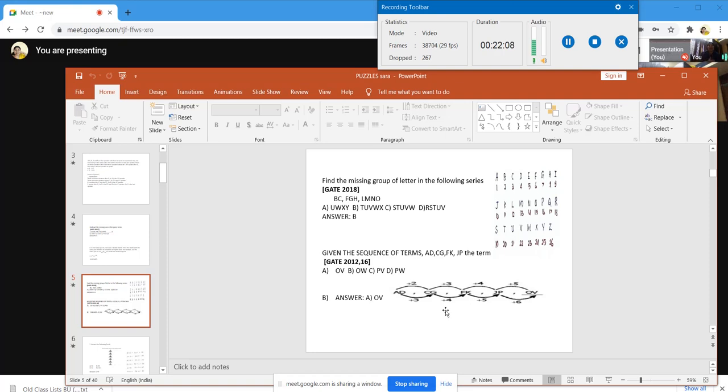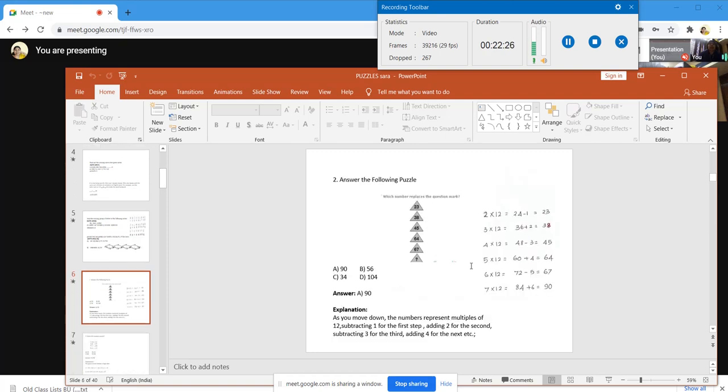Likewise it goes on. So finally after JP, what comes? O and V. When you add J plus 5, you get O. When you add P plus 6, you get V. So whenever the problems are connected with alphabets, we must know the number orders.